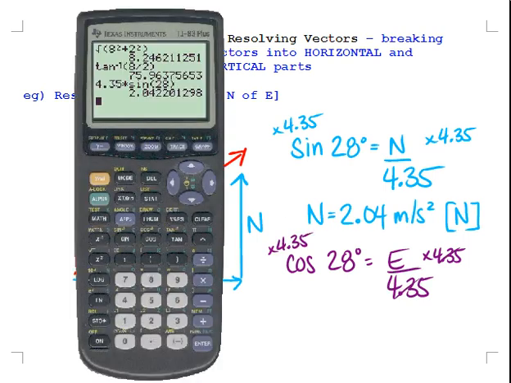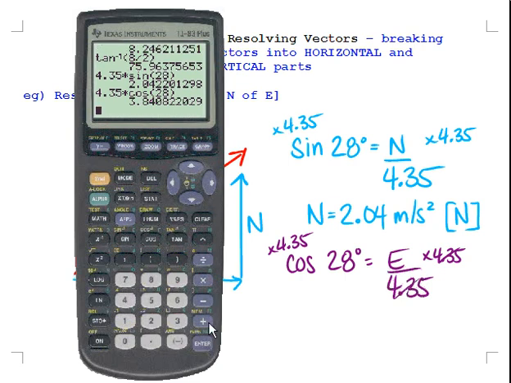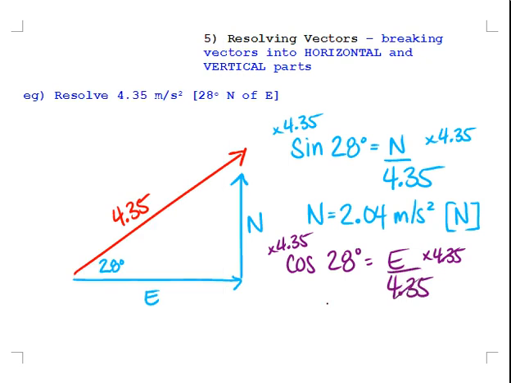Grab the calculator. 4.35 times cosine 28. Not a second function cosine or sine this time, just regular old sine and cosine. We get 3.84 meters per second squared, and that is pointing east.